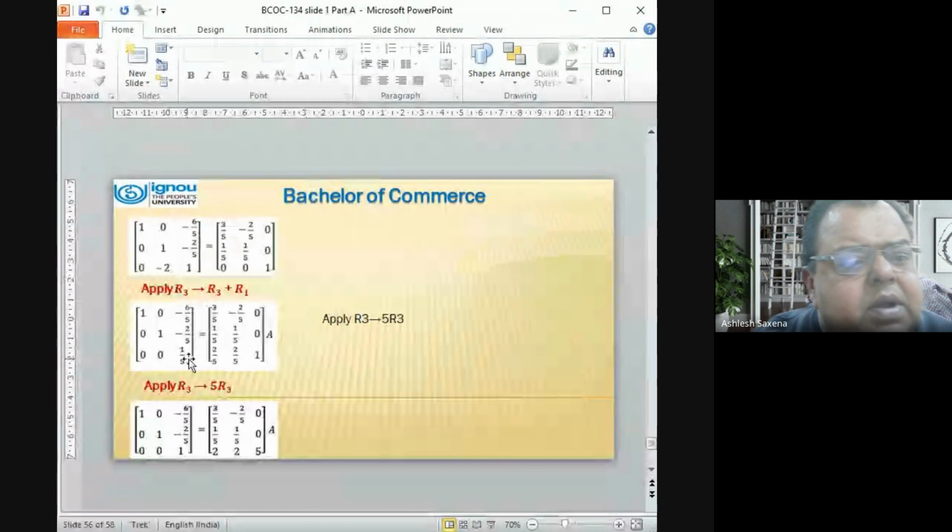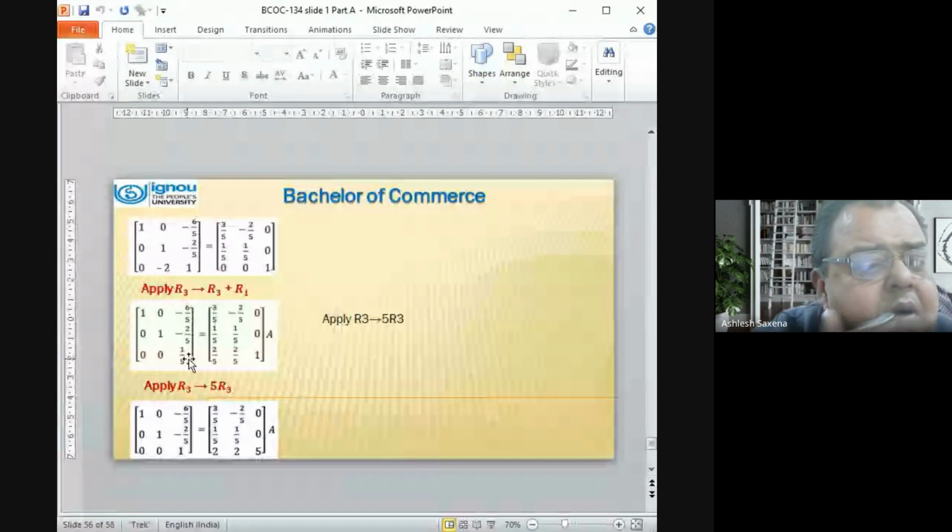But how is row 3 tends to row 3 plus row 1?